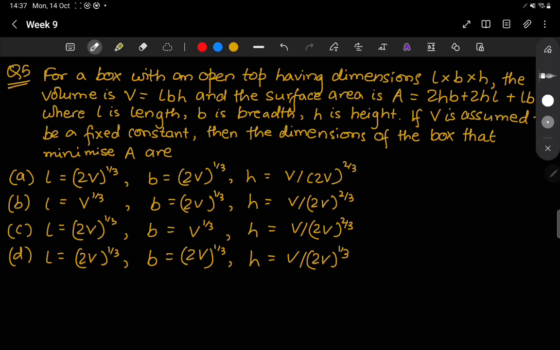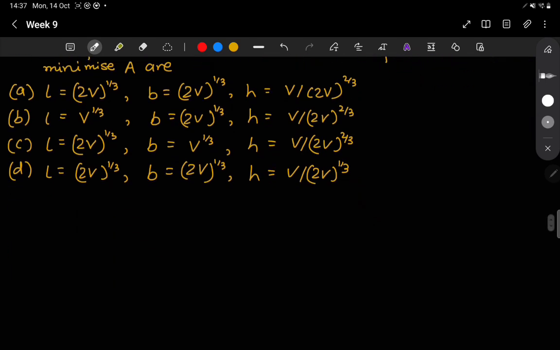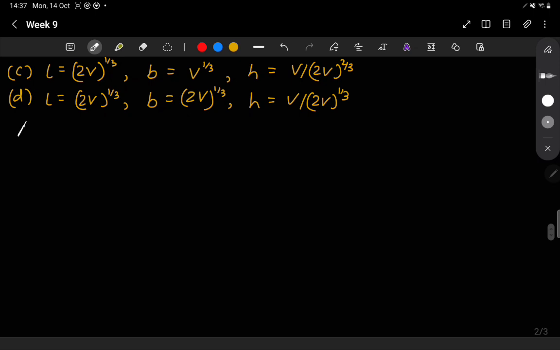Okay, now we will discuss the solution. So the area is the following. We are given this, and now in terms of volume, we can write H as V over LB.